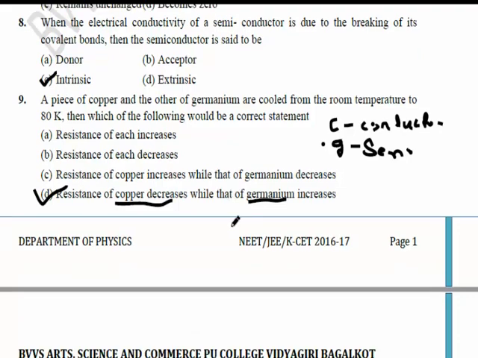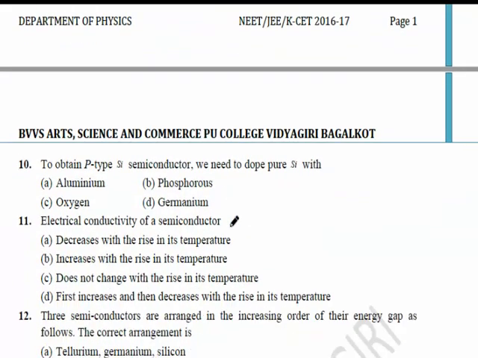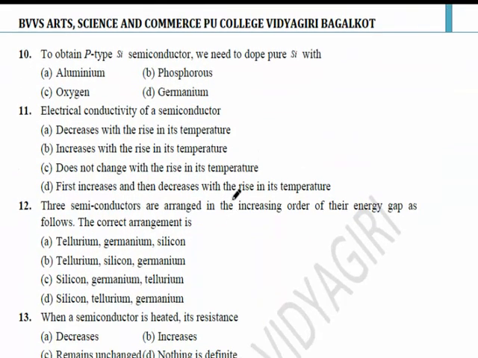Okay, let us move to the next question, the 10th one. To obtain p-type silicon semiconductor, we need to dope pure Si with which of the following atoms? As we have to get a p type, we need a trivalent impurity.